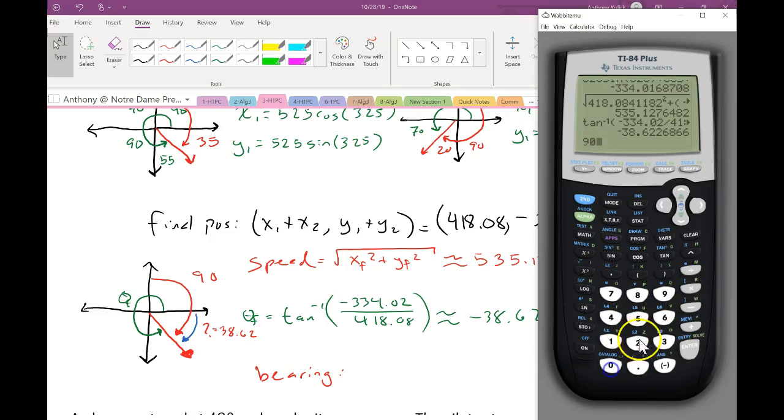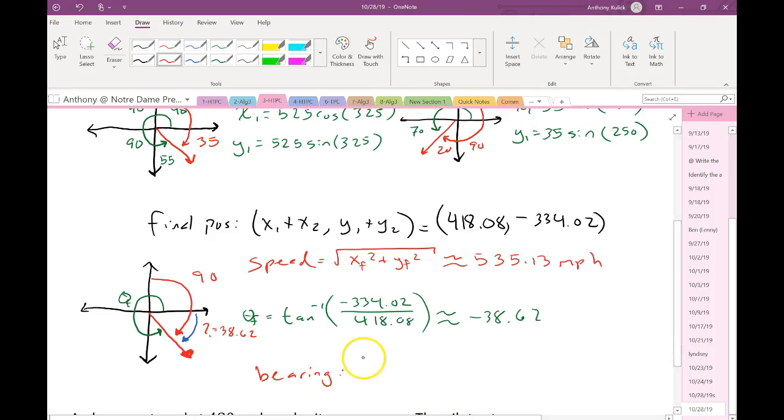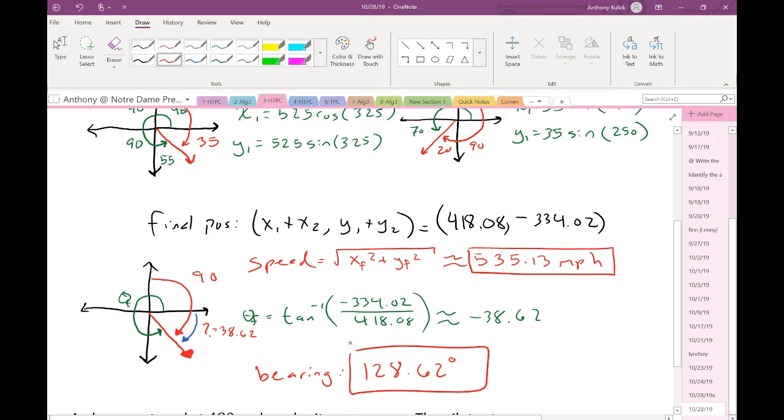I'm going to use the calculator to do that for me, and I get 128.62 degrees. So there's my speed, and there's my bearing.